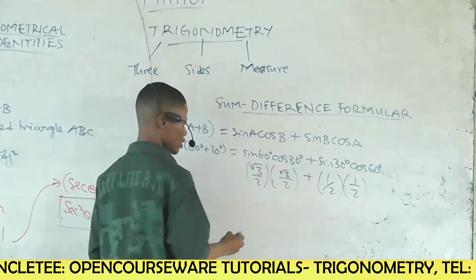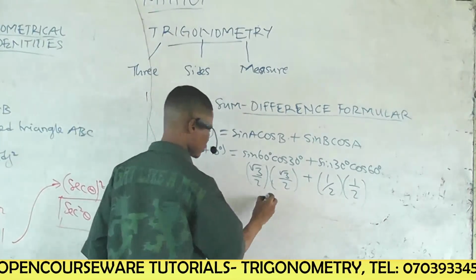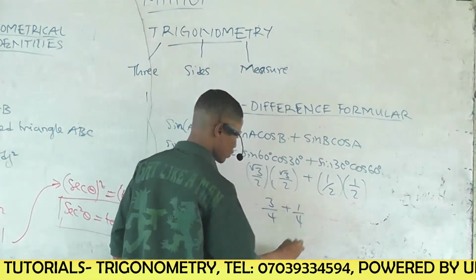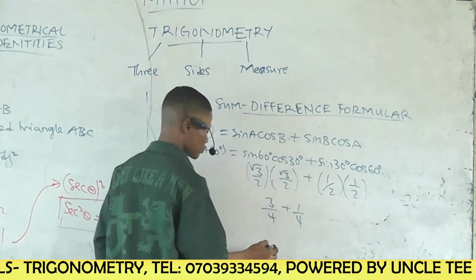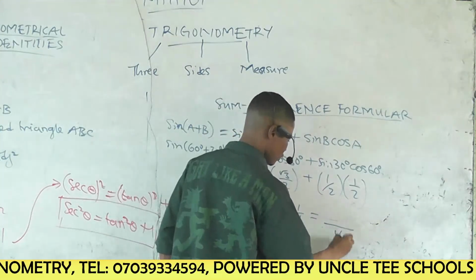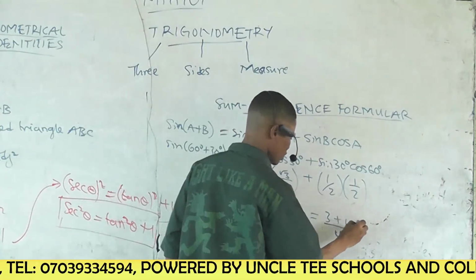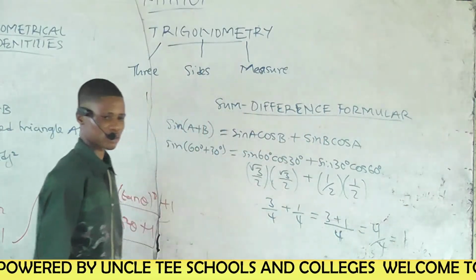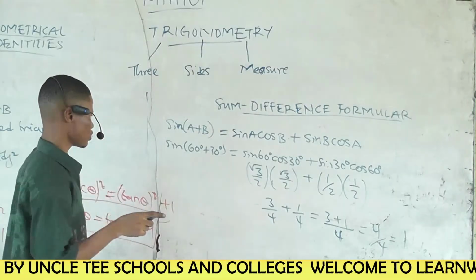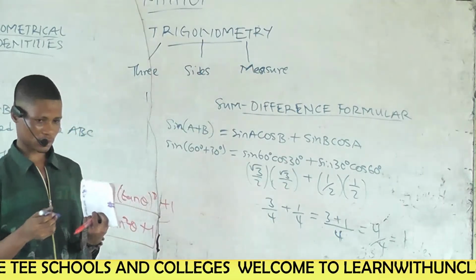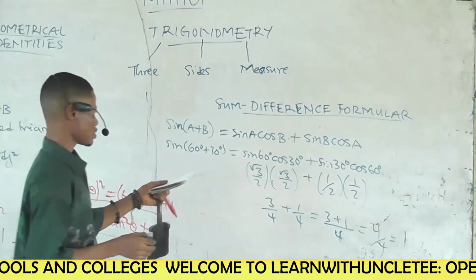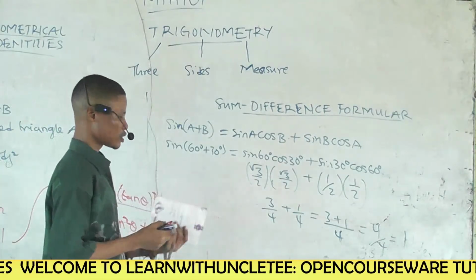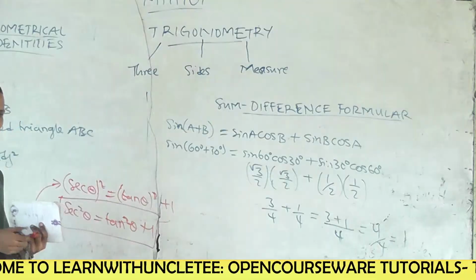Root 3 times root 3 will give you what? 3. So 3 over what? 4 plus what? 1 over 4. Take the LCM. This will give you 4. So that will be 3 plus 1, which is equals to 4 over 4, which is equals to 1. So that means from the special triangle I gave to you, sine 90 degrees equal to what? 1. So we've proved that sine 60 plus 30 is also equal to 1 from this sum difference formula.